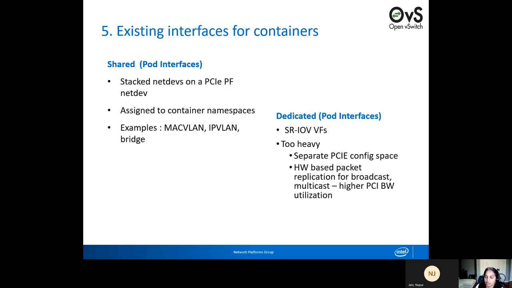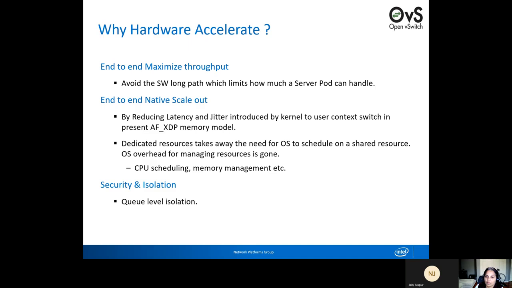Both these solutions have some challenges. The first one does not benefit from hardware classification capabilities, and it's mostly software solution. The second one, even though there is an offload into the hardware because of SRV VF interface in play, it's too heavy an interface to use for a container deployment.